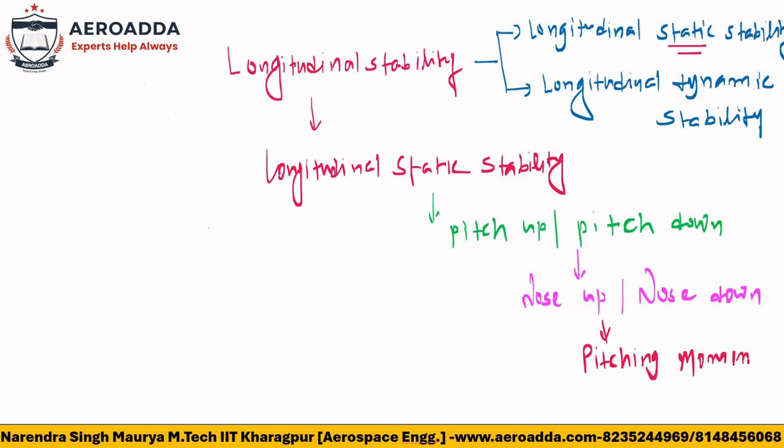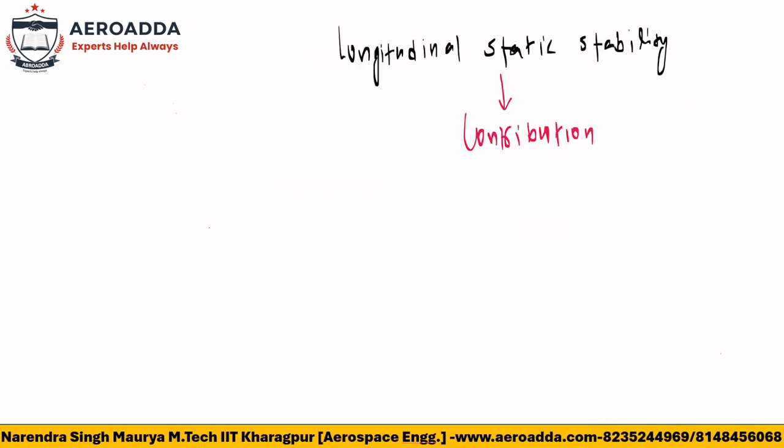We have to calculate the pitching moment about the CG. And about which axis are we going to calculate this pitching moment? Somebody can tell. It is about the lateral axis. Tell me the major parts of longitudinal static stability.